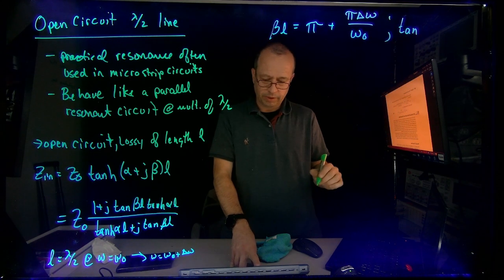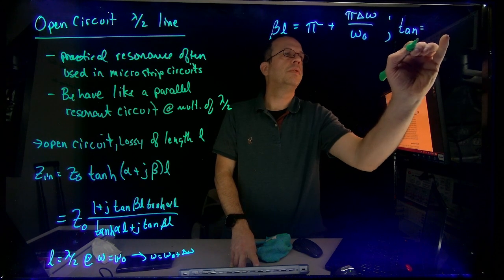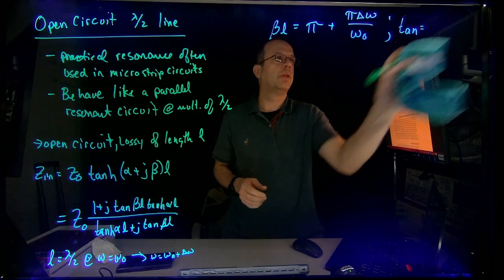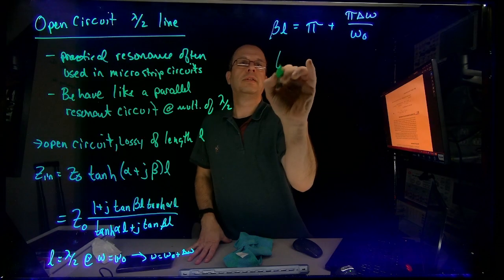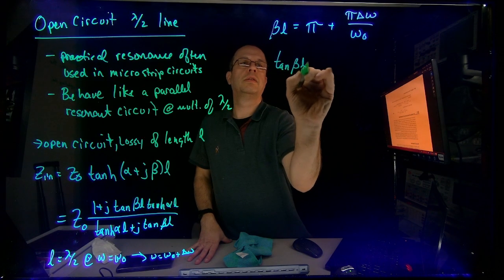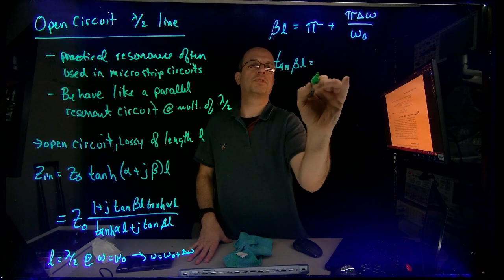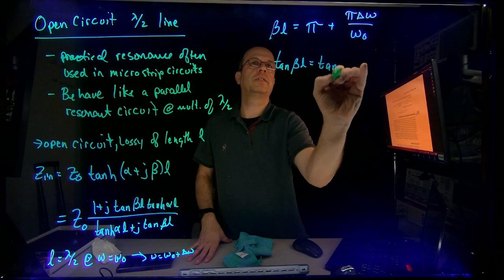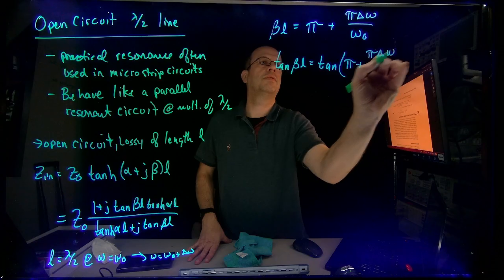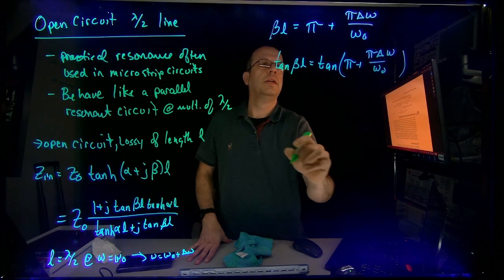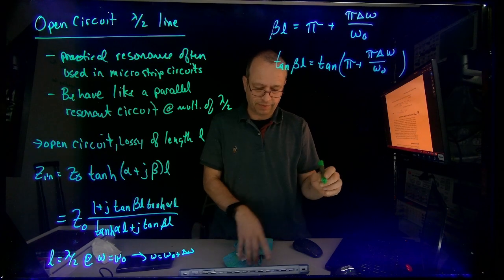Is equal to, right below it, it's too hard to squeeze in there, tangent of pi plus pi times delta omega over omega naught. And then we can state that fairly easily.